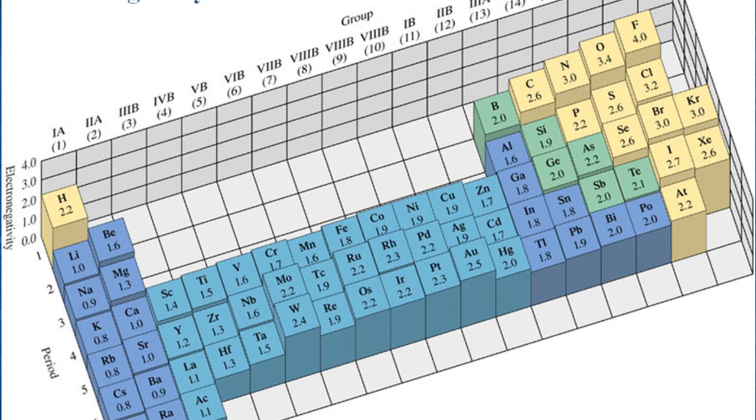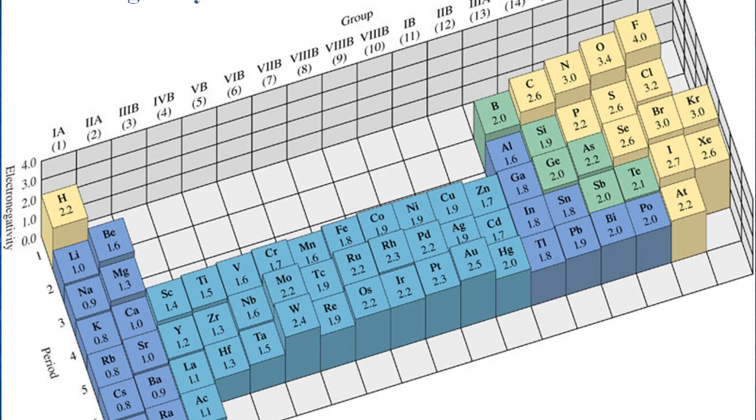Whereas the rest of them, like most of the elements in the inner transition series, those two periods you see on the bottom, they exist mostly in the lab. So you are not going to worry about their electronegativities. Okay? At least let us put it this way. For the scope of this class, you don't need to know about the electronegativities of those bottom ones. Okay? Because you won't be seeing any compounds formed by those atoms.